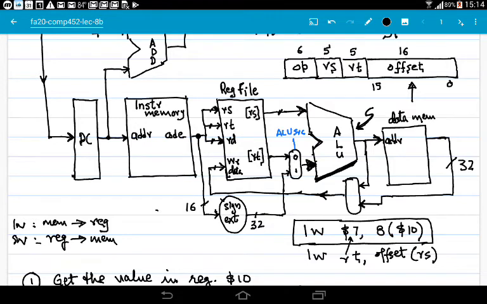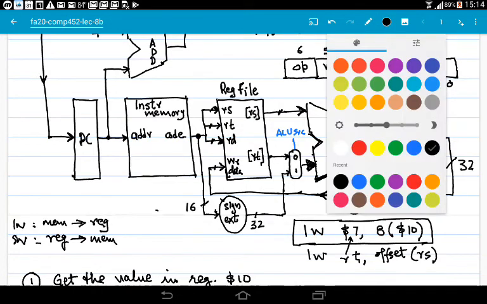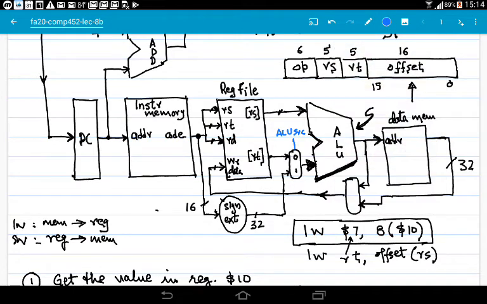So we are going to need a control signal here. What will be the size of this mux? This mux is going to be a 2 to 1 mux, 32-bit wide.